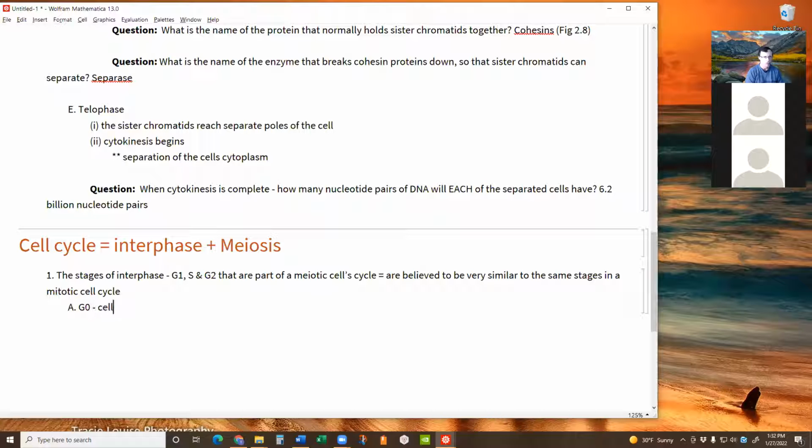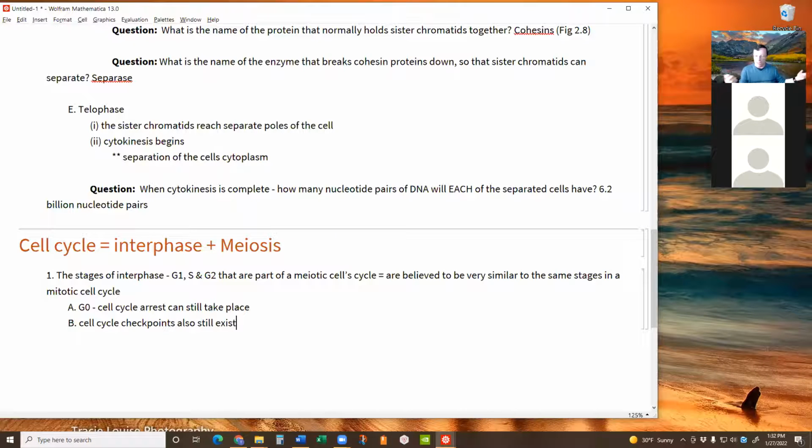G0 cell cycle arrest can still take place. And cell cycle checkpoints also still exist to monitor the integrity of the processes that are about to unfold.